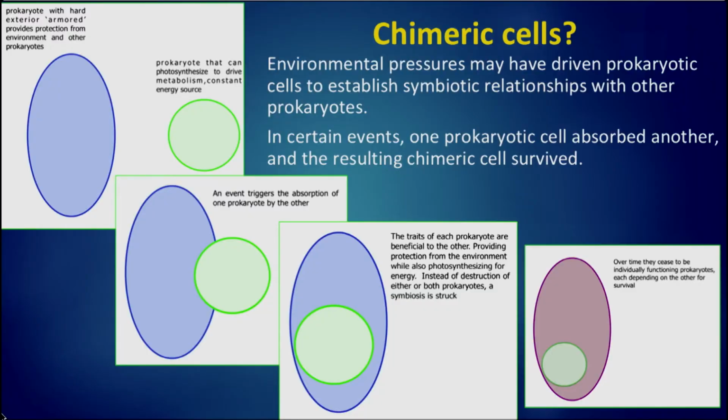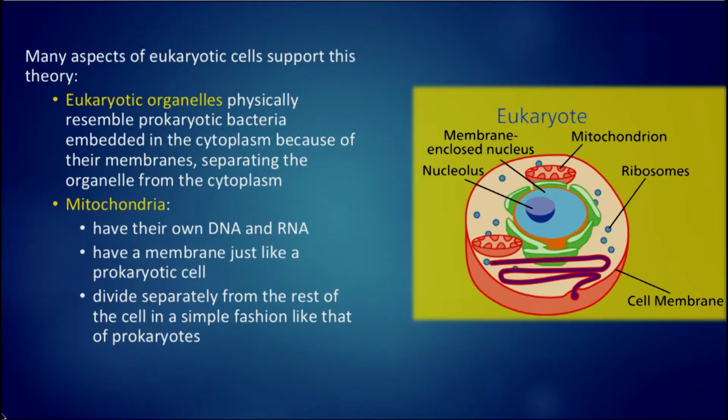This is a theory first put forward by Lynn Margulis about 40 or 50 years ago. In certain events, one prokaryotic cell absorbs another, and the resulting cell, called a chimeric cell, survives. There are various aspects of eukaryotic cells that support this theory.